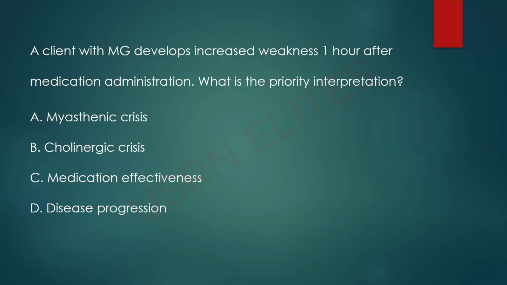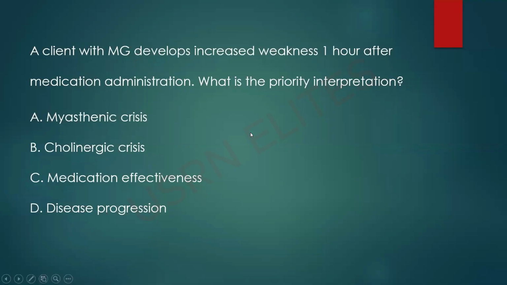I was thinking that before you select cholinergic crisis, you should see some of those symptoms that we explained. But here the client developed increased weakness, so I was thinking it will be myasthenia crisis, meaning that the muscle weakness has increased. Do you understand my question?